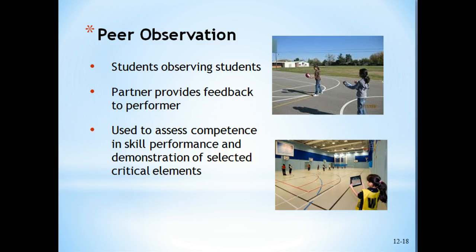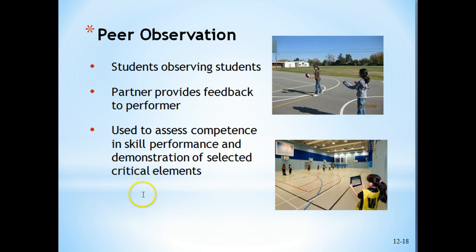Another type of formal assessment is peer observation, or what we usually call peer assessment. Students are observing other students and the partner provides feedback to the performer. In both of these pictures you can see one of them is using an iPad and one of them has a clipboard, but they're observing their friends or their classmates in physical education class and they're going to give them some feedback or help them debrief afterwards about the skills that they were practicing.